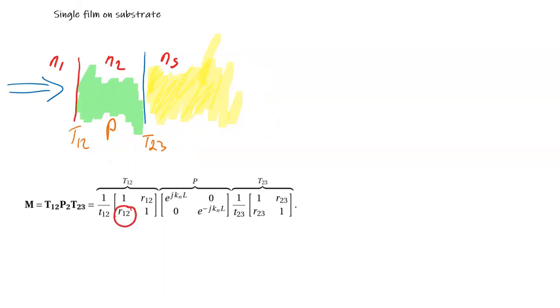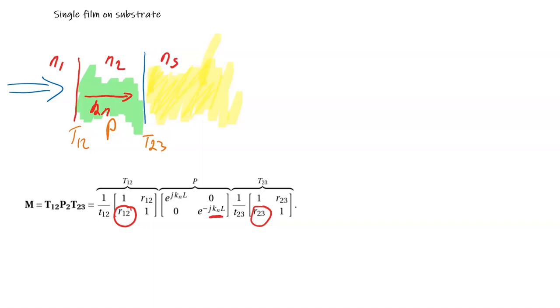R12 is the reflection coefficient of the first interface, R23 is the reflection coefficient from the second interface, and Kn is the normal component of the wave vector in the layer.